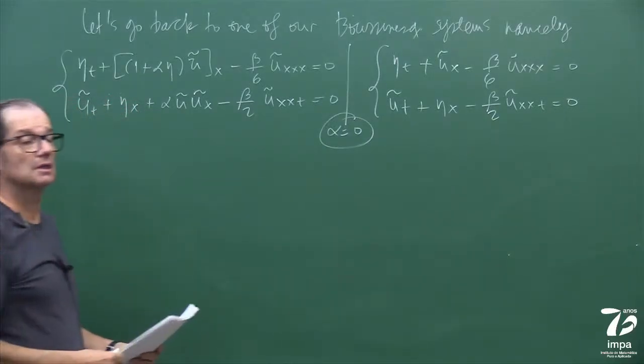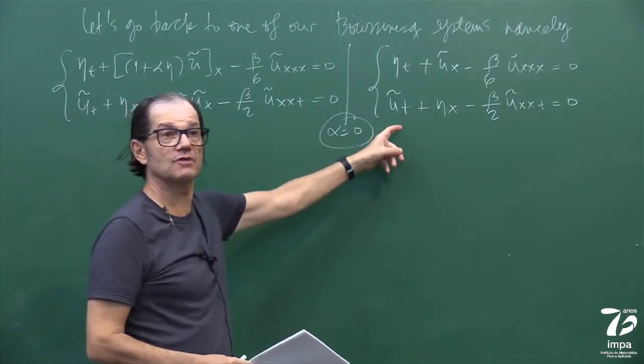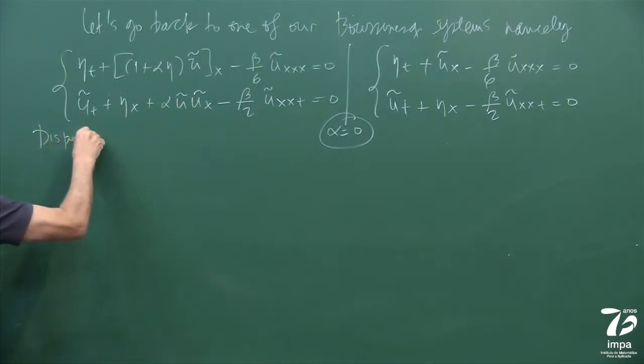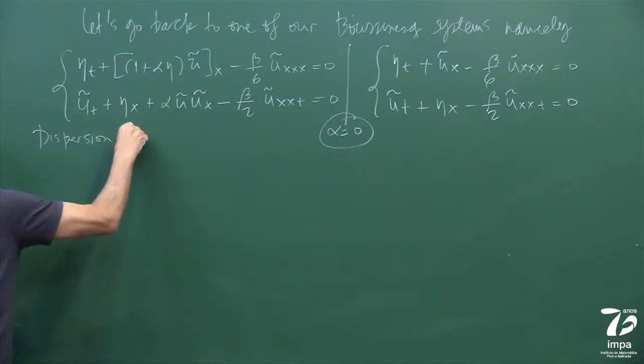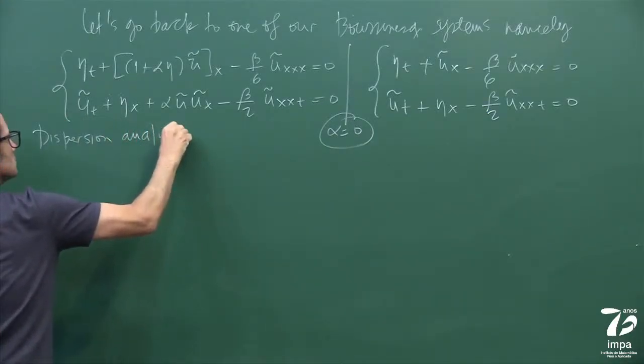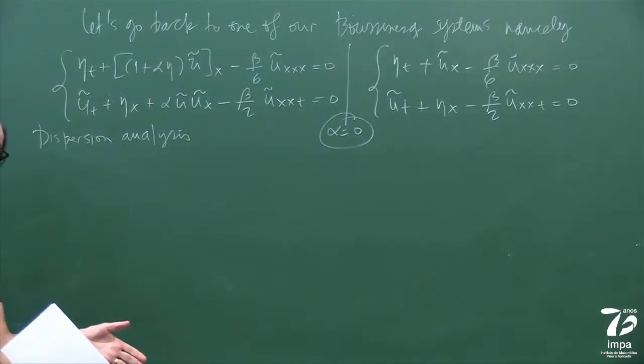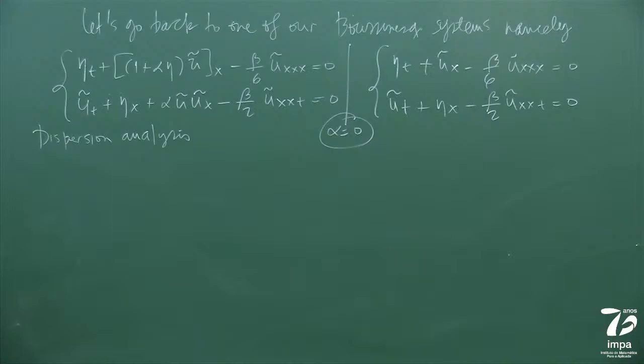And now let's do the dispersion analysis of the linear system. Right, the dispersion analysis usually is for constant coefficient linear systems, because it's a Fourier analysis where you do the superposition of modes.